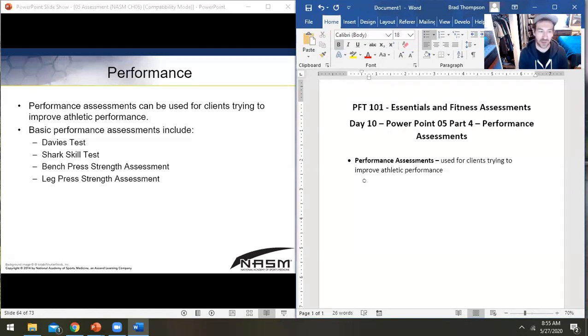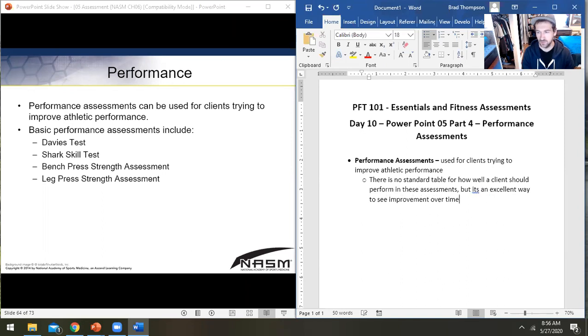And then underneath it, we'll put a note here. There is no standard table for how well a client should perform in these assessments, but it's an excellent way to see improvement. Right? So basically, again, there's no standard table.